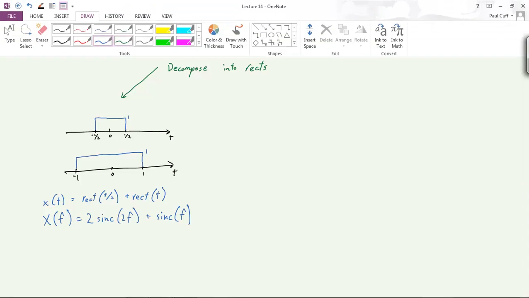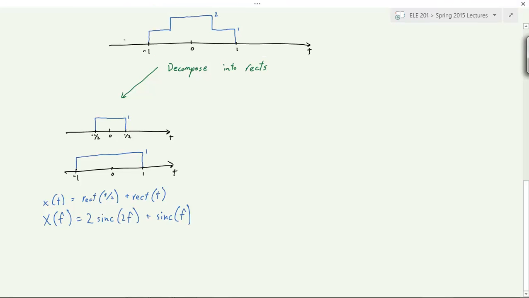Also, it's going to be a slightly harder way, but it'll give us more practice again with calculating Fourier transforms. So we could decompose it this way.